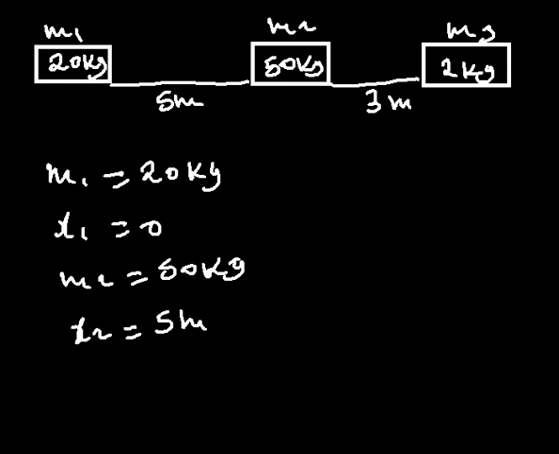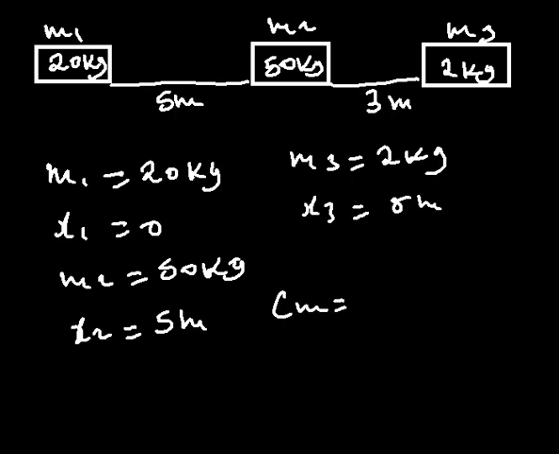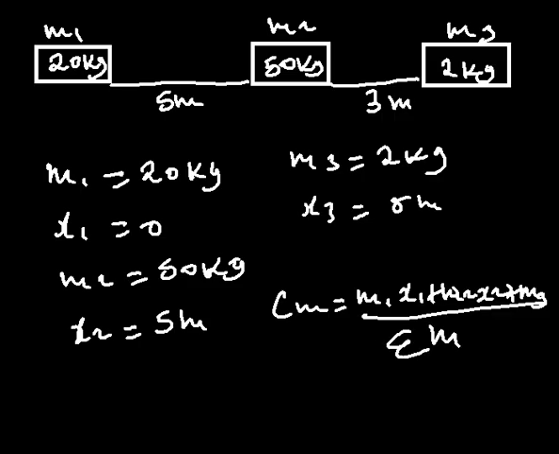Mass 3 is given as 2 kgs, and its position from the origin is 5 plus 3, which is 8 meters. Now what is the center of mass? We'll have mass 1 times its position, plus mass 2 times its position, plus mass 3 times its position, divided by the summation of the masses. So try to work that out.